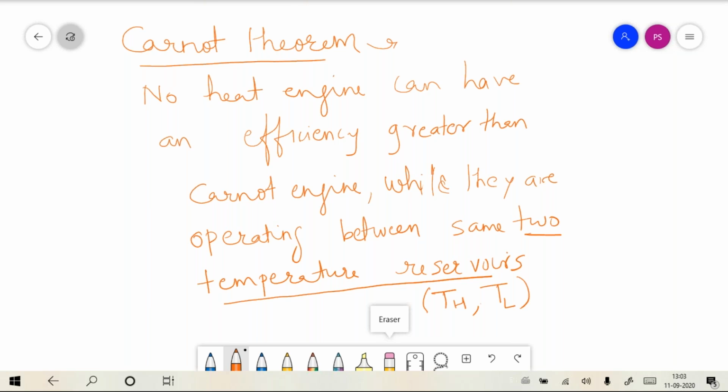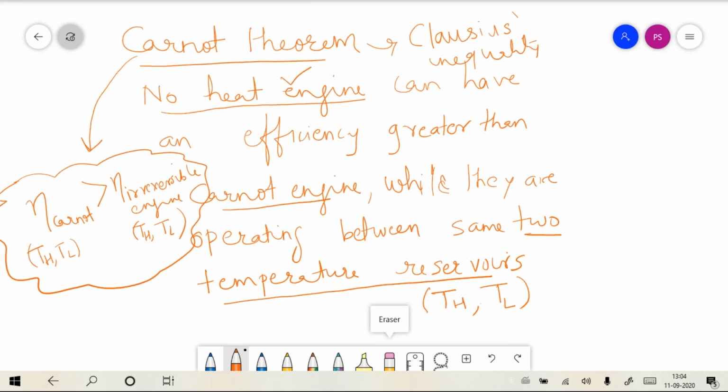So this is the agenda now, working between the same two temperature reservoirs. This Carnot engine has the highest efficiency.